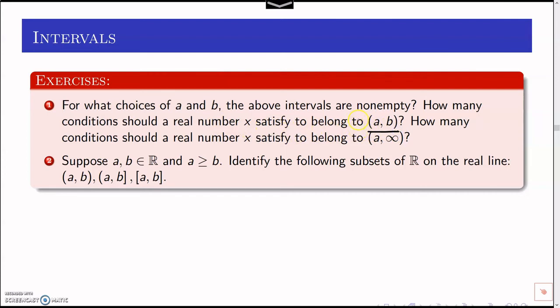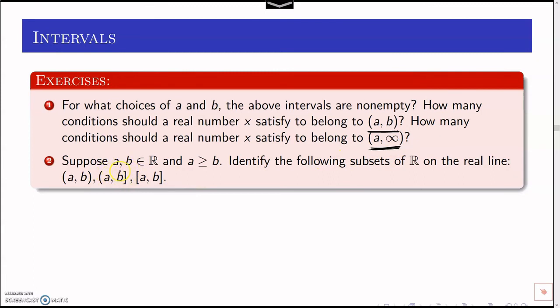So if I say x is there in this interval, how many conditions should that x satisfy? Next question is, how many conditions should a real number x satisfy to belong to this open ray a comma infinity? So you all can think over these questions.